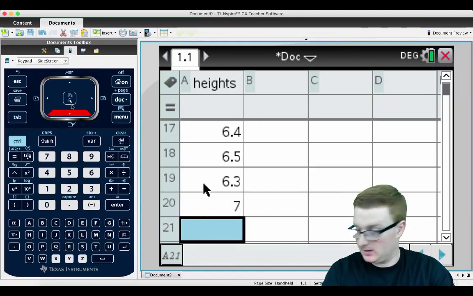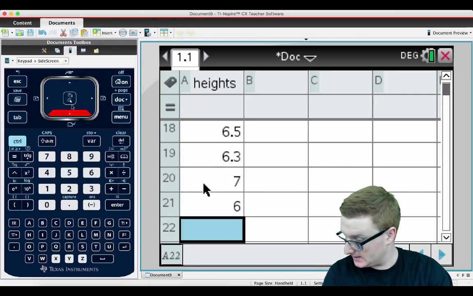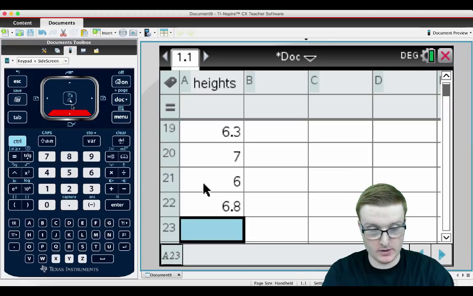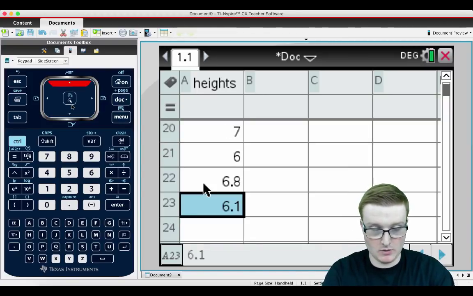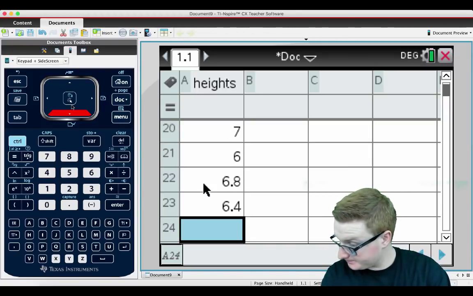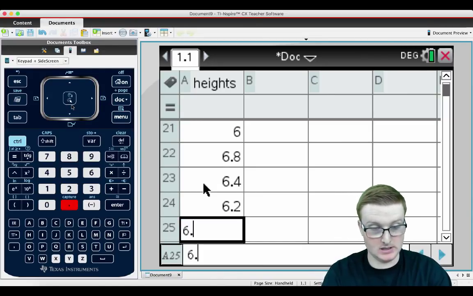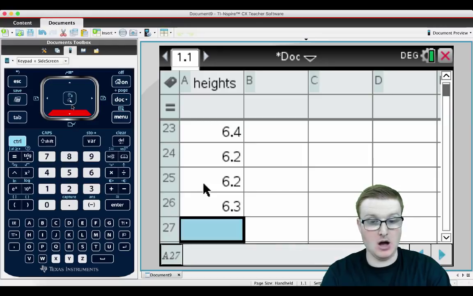These are a lot of people. 7. 6.8. 6.4. 6.2 and 6.2. 6.3. 6.3. Okay, so I have all that inputted into my calculator.